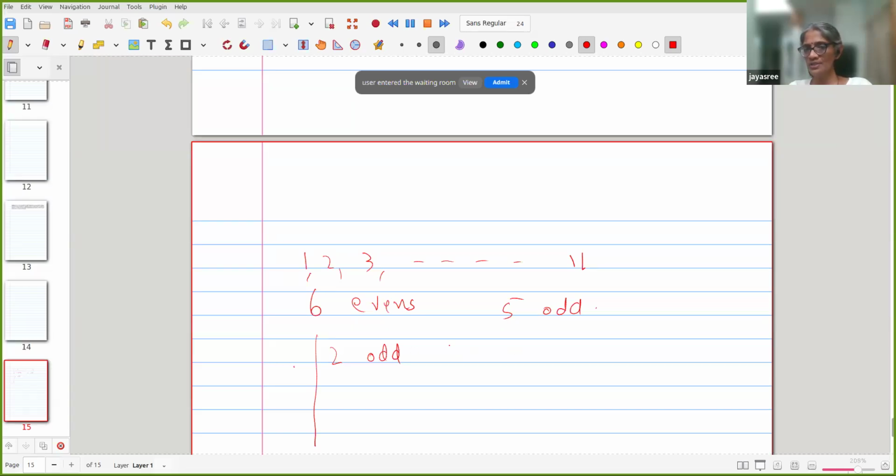Let us look at how the number of odd numbers changes. If we take 2 odd numbers, the odd numbers will become minus 2 and the even numbers will become plus 1, because we are removing 2 odd numbers and adding 1 even number.